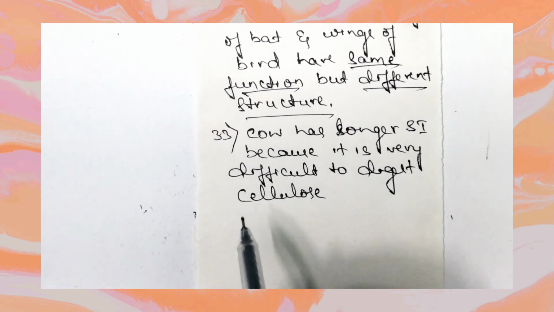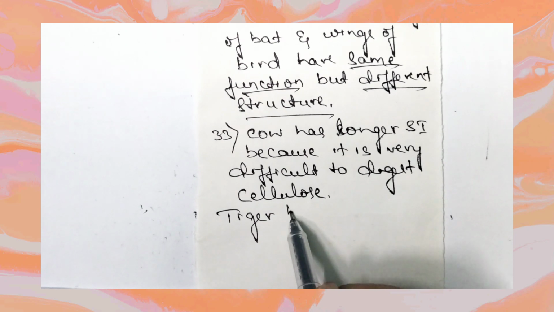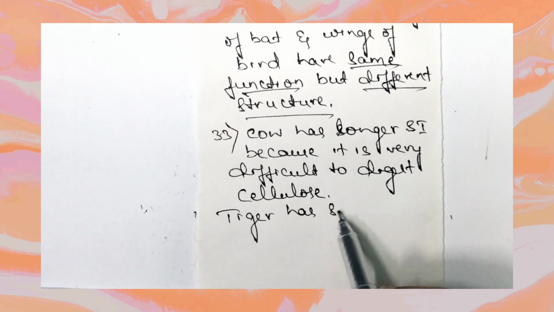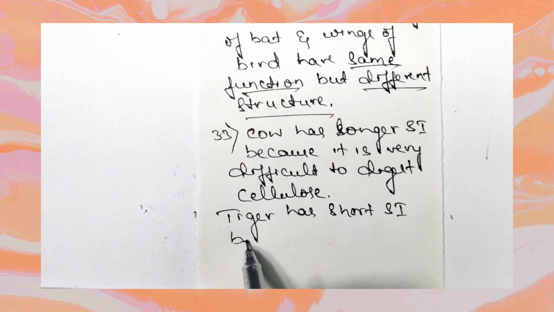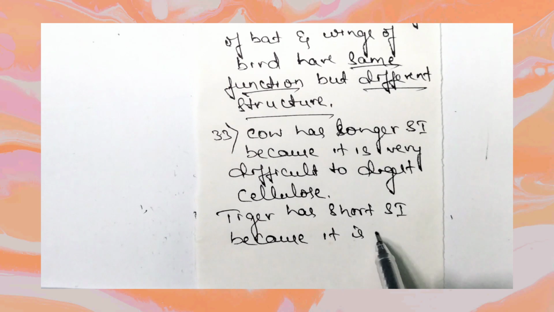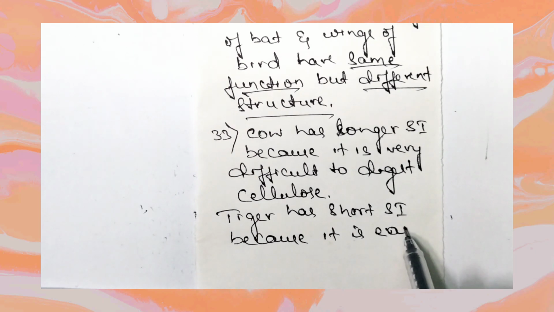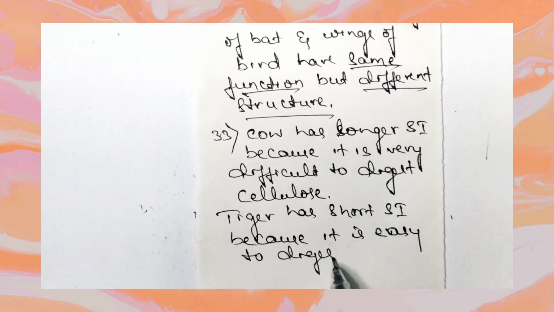Then, another question is there. Tiger has short small intestine because it is very easy to digest meat.